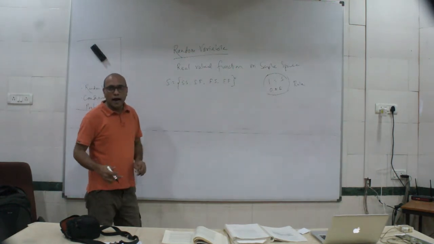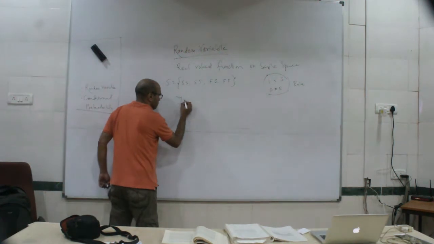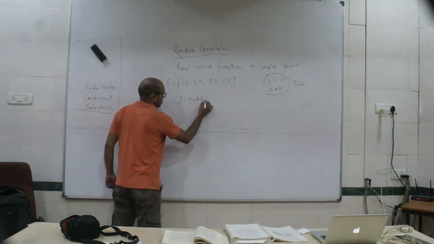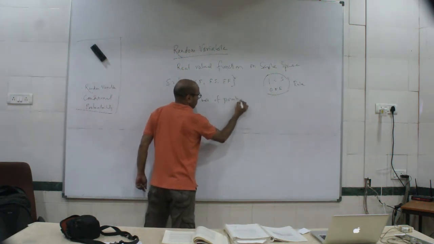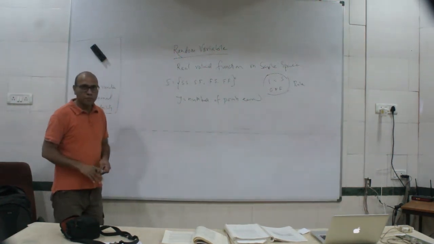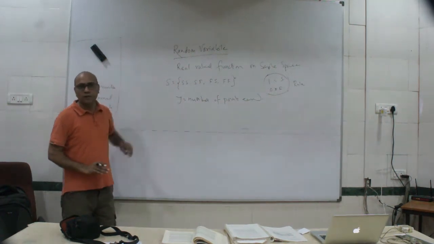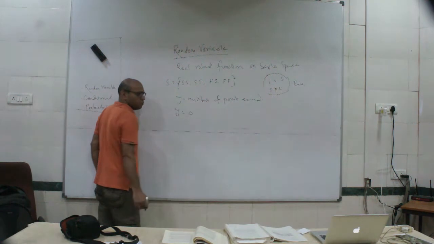Now I create a new variable. I call it Y. What is Y? Y is number of points earned. Now in this experiment, if I am doing only 2 tasks, Y will take a value 0.